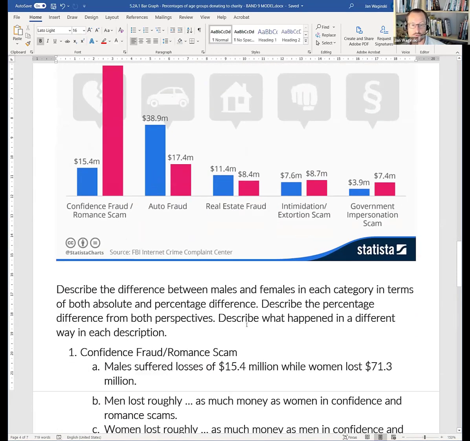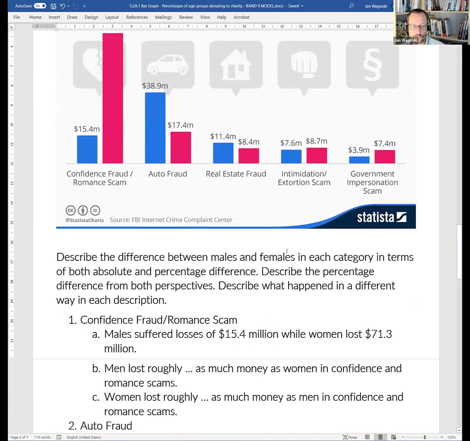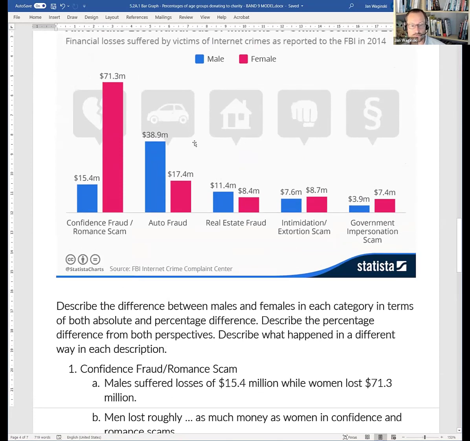So to have a properly developed topic, you need to include relative changes because otherwise it's too basic. You have to have some kind of comparison. You can't just say it changed from 15.4 to 71.3 million. Yep, we can see that. So you have to add a little bit of value.